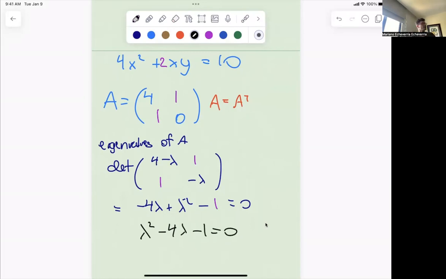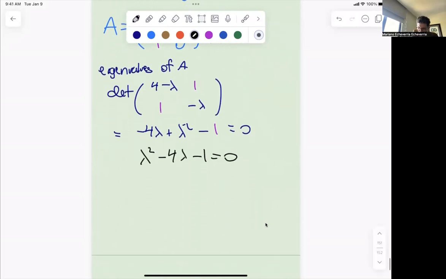Okay, so again, since I'm just coming up with these numbers, I think it won't be that bad, but you will need to find this with the formula for the quadratic. So it's minus b plus minus root of 16 plus 4 over 2.